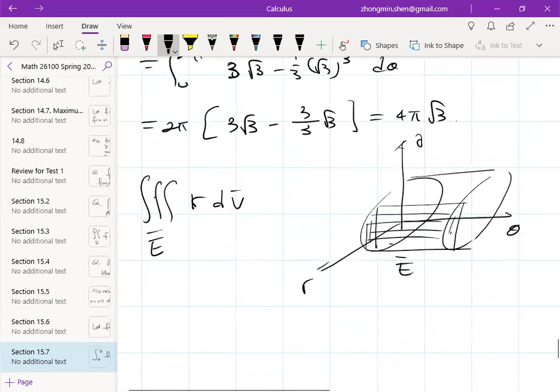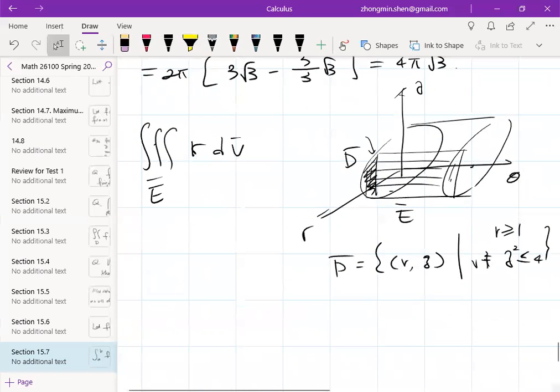How do you evaluate it? Okay, so I'm going to denote this part as D bar. So D bar is going to be the set of r and z with r greater than or equal to 1 and r squared plus z squared less than or equal to 4, okay? Right? Now, how can I describe it?